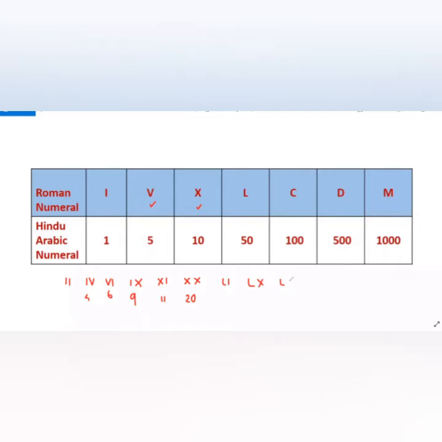LX. So this is 60. Okay, 60 you understand. How to write 2? 2 means 1 plus 1 is 2. So 2 ones you write. This is 62. Understand? This symbol is 62. So this is number 62. Then the 50 symbol is L.